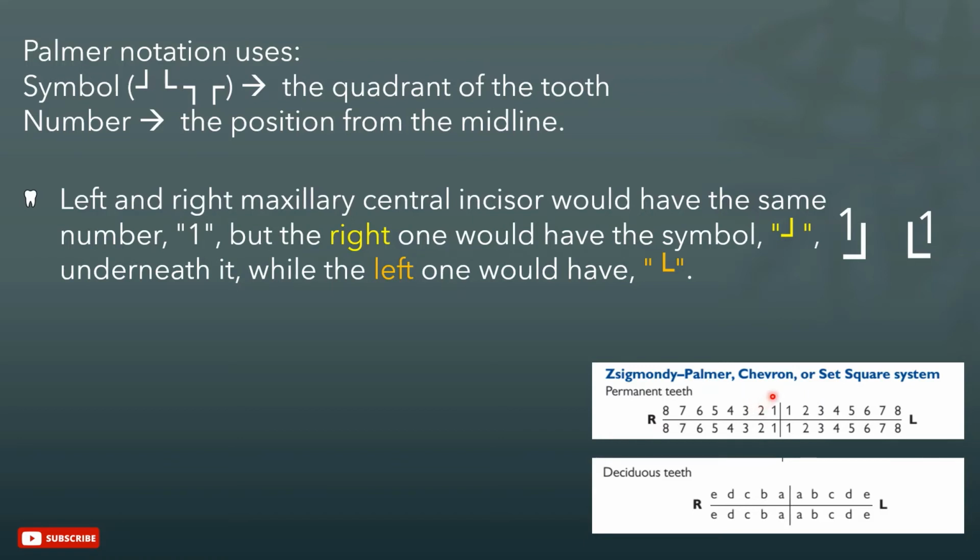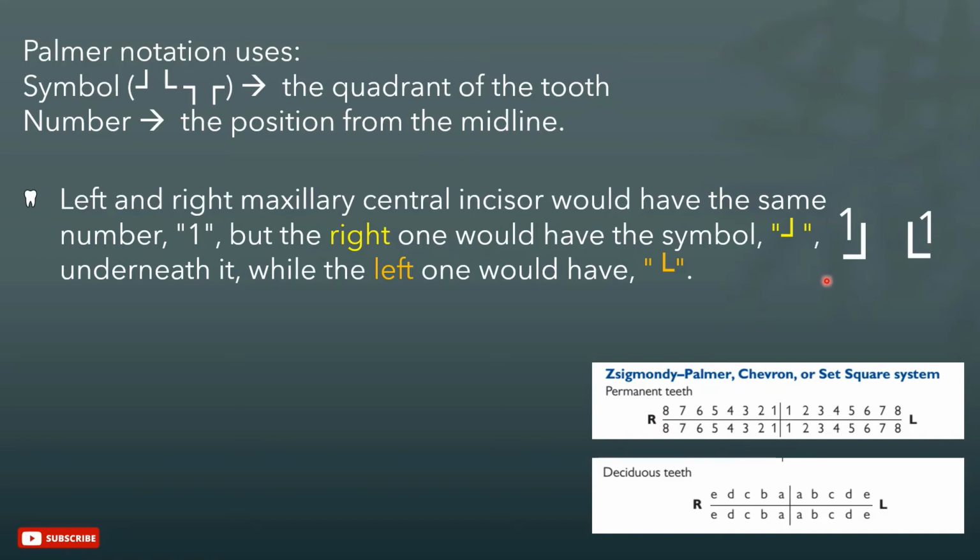Then you need to use its corner symbol. So these two symbols indicate the upper arch, but this one is opened from the left, your left, so it indicates the right of the patient because we use them according to the patient's sides. And this corner indicates the upper arch, and because it's opened from your right, it means it's the patient's left.